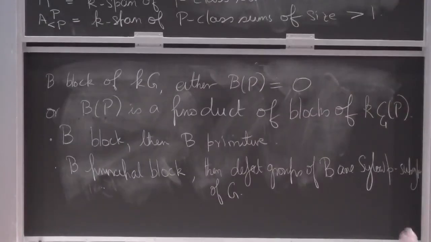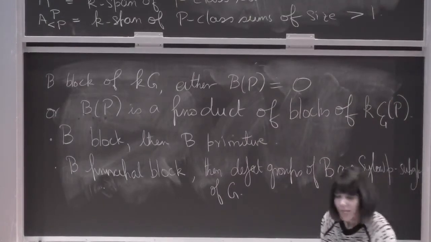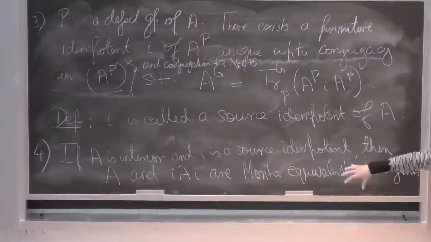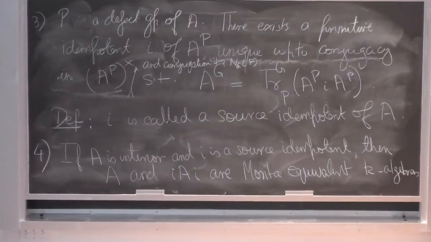When you truncate an algebra with an idempotent, you get something smaller. What I wanted to emphasize with this part 4 is that the local theory gives you a natural candidate of a smaller algebra which is Morita equivalent to the algebra you began with.